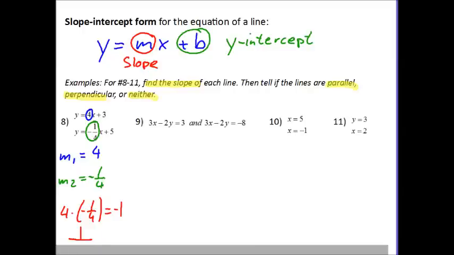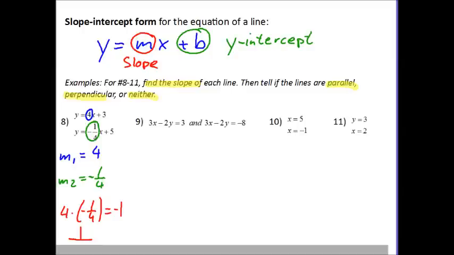Let's look at our next example, and here we see that the lines are actually not in slope-intercept form. They are in, you remember, standard form. And so the easiest way for us to do would be to just convert them back into slope-intercept form at this point, because we have the formula for slope-intercept form right here.